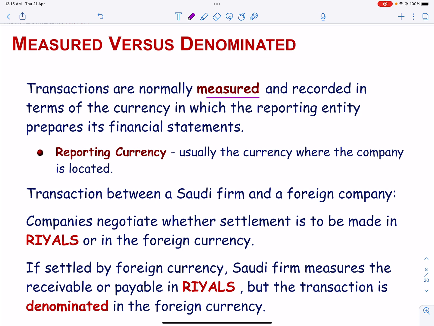If settled in a foreign currency, the Saudi firm measures the receivables or payables in riyals, but the transaction is denominated in the foreign currency.